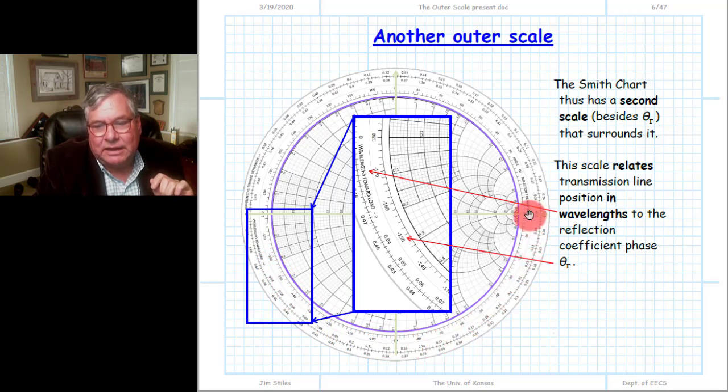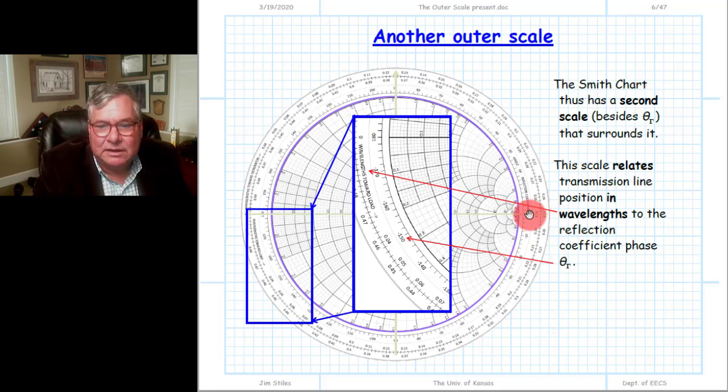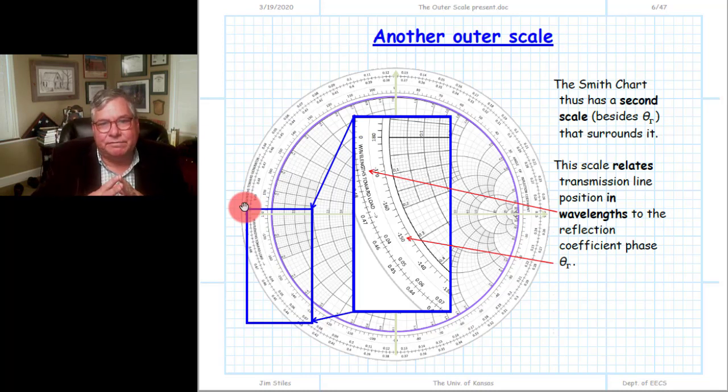It increases to a value at this location where the reflection coefficient phase angle is equal to 0. In that case, the wavelengths toward load scale is at 0.25. And then finally, we move around to the end over here, and we find the scale converges to a value of 0.5. Well, we start at 0. When we're halfway around, we're at 0.25. When we go further around, we're at 0.5.